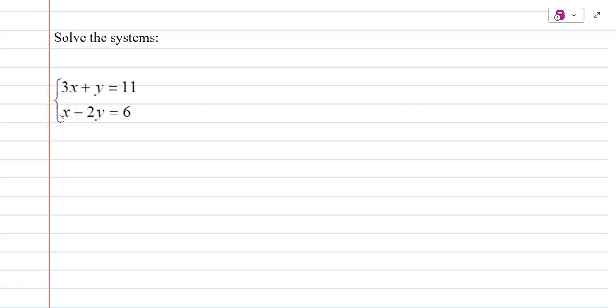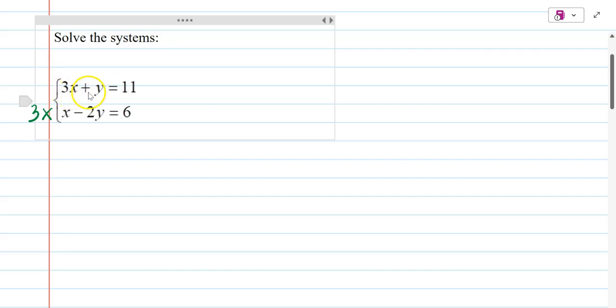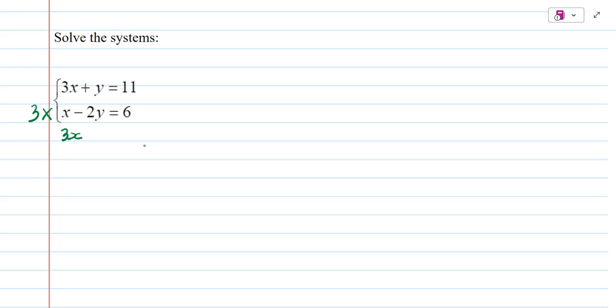But the first thing I have to do is multiply the second equation all by 3, and that way I will have the same coefficient as the equation above for x. So what I will have is 3x minus 6y equals 18.